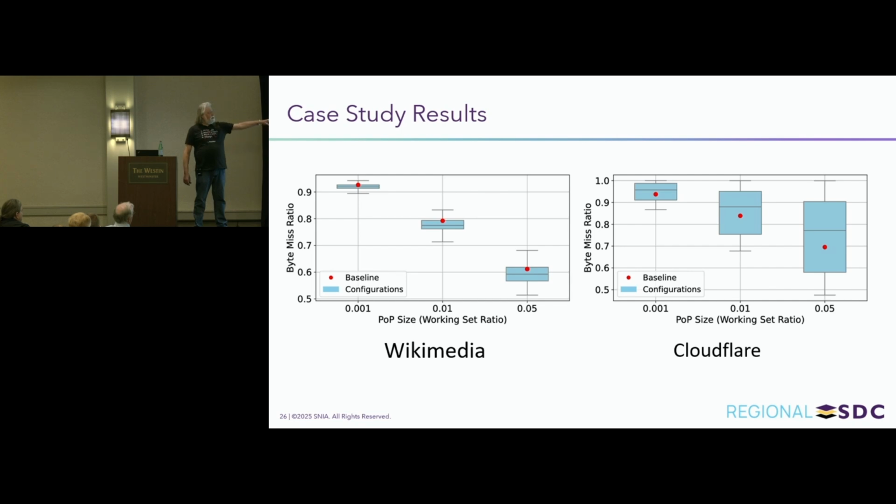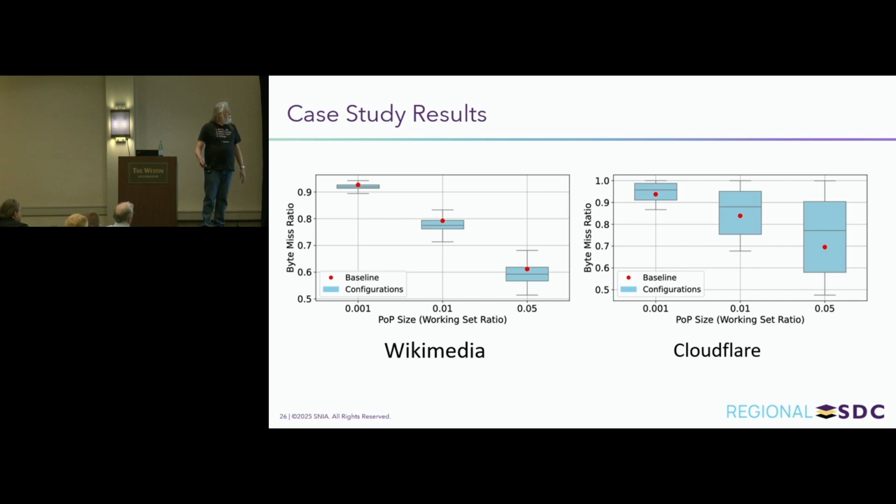In fact, you can see that their baseline is better than the median for all of our different 600,000 configurations. The line in the center would be the median configuration. So Cloudflare has actually done a fair amount of optimization. But you can also see that we came up with some configurations that were better for those particular traces that we got from Cloudflare than what their baseline was doing. And we shared this information with Cloudflare if they're interested in doing any of the optimizations that we've done.